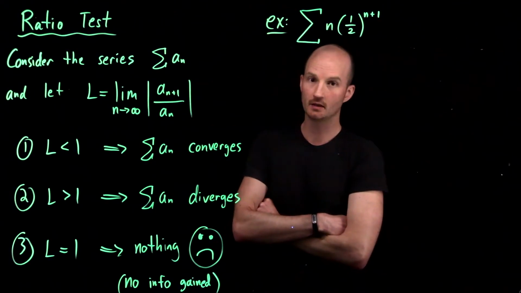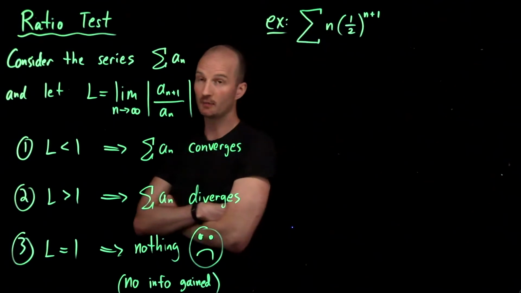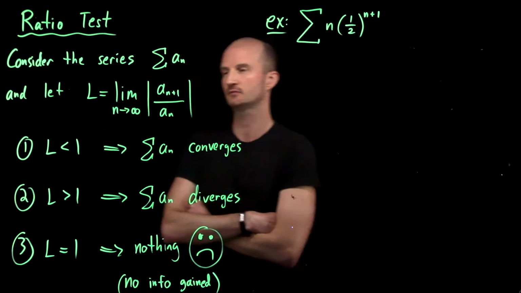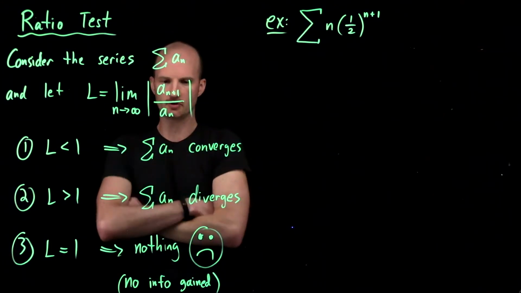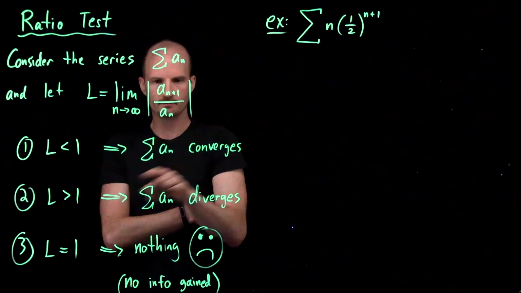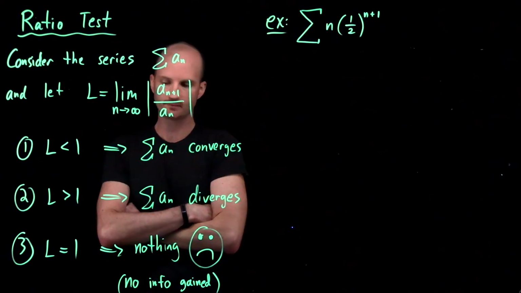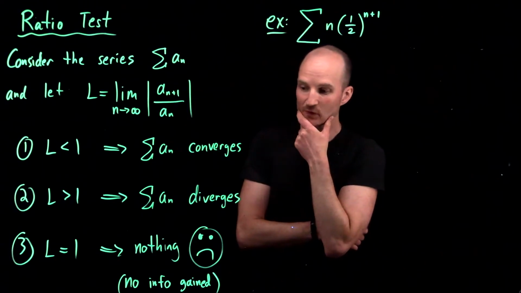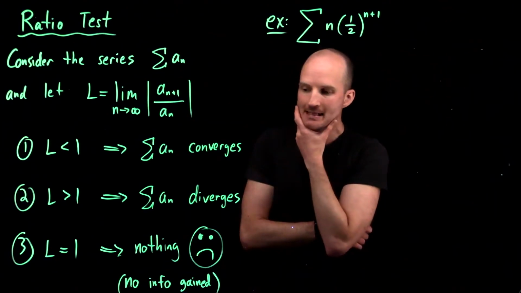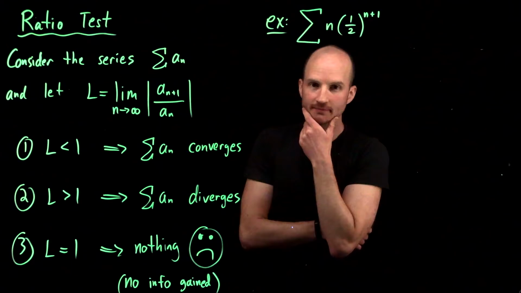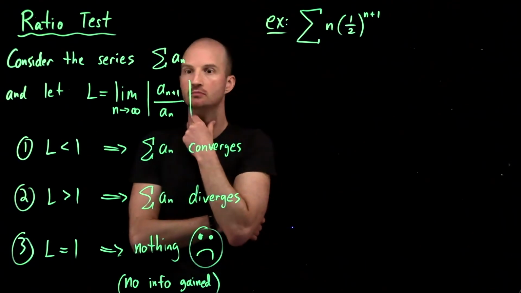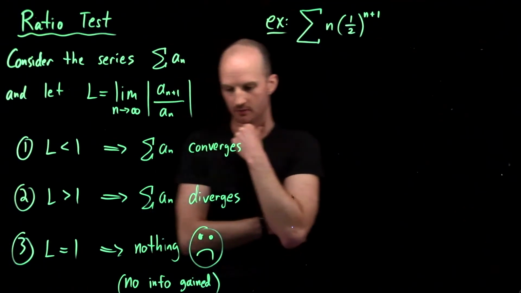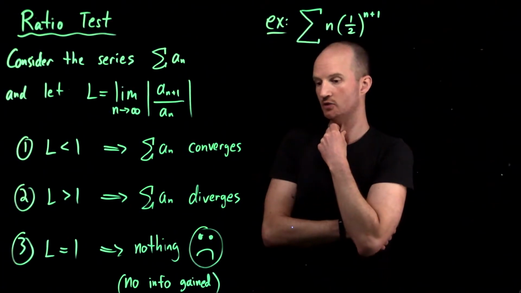Are they descending? Are they approaching zero fast enough for this series to converge? If L is less than 1, then this series does converge. If L is equal to 1, that's the bad situation for a student because you've wasted your time. You are gaining nothing from this ratio test that you performed.